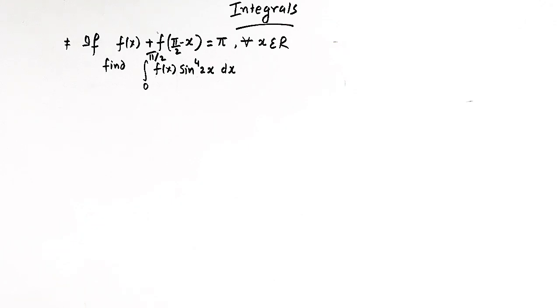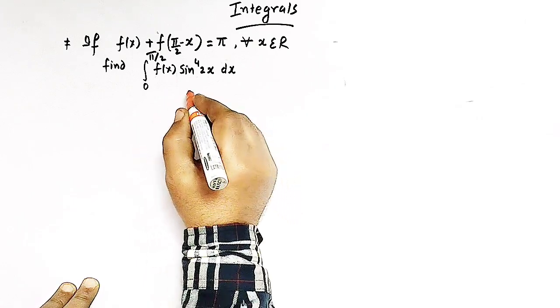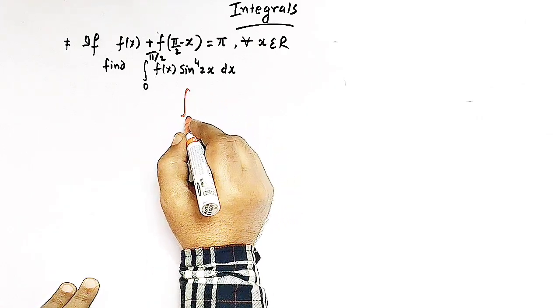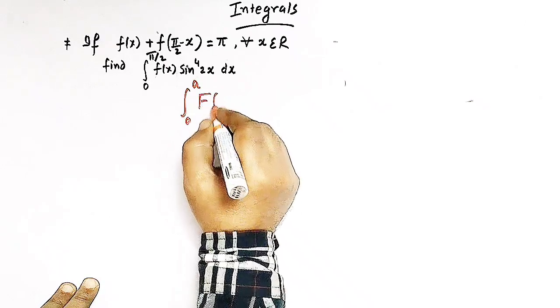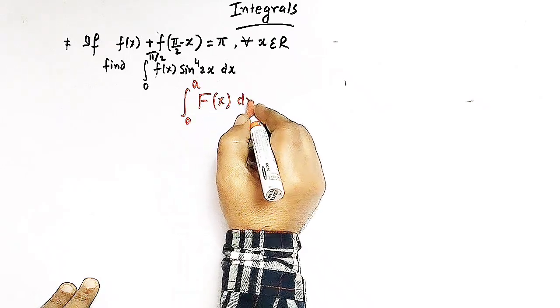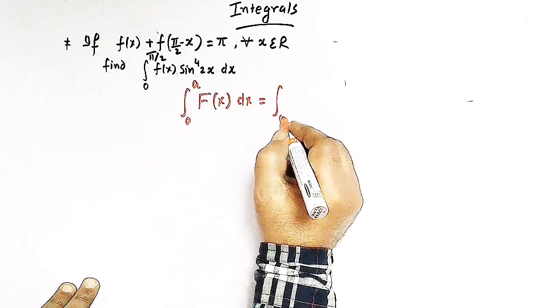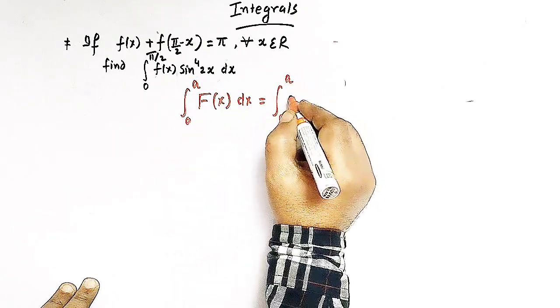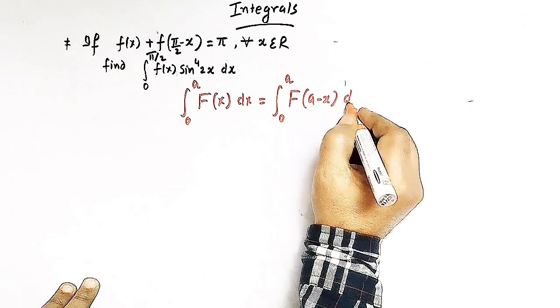So to solve this problem, we'll make use of this property of definite integrals, where we have an integral say 0 to a, and if we have a function say f of x dx, then the value of this integral can be written as 0 to a, and we have f of a minus x dx.